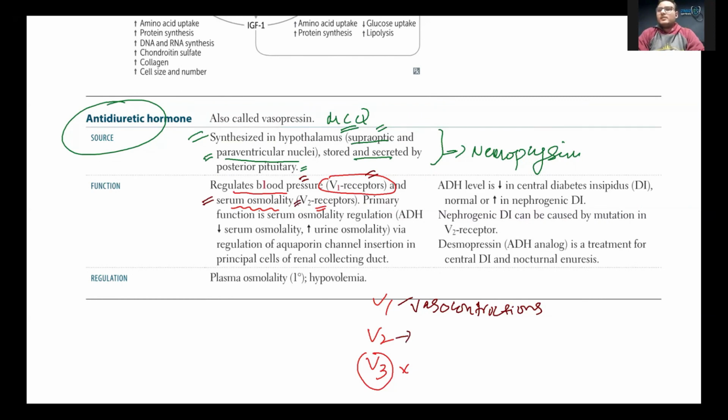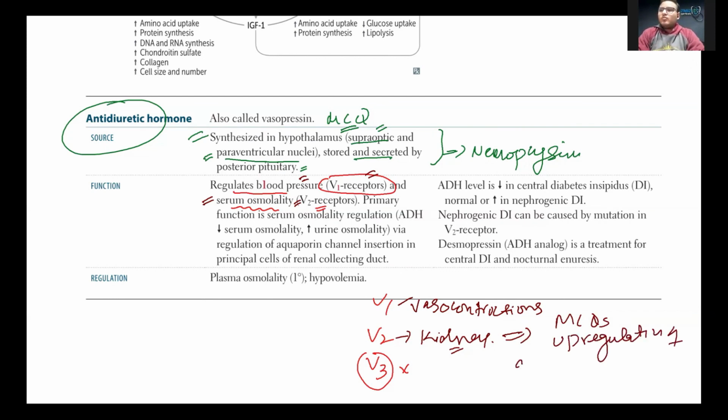V2 acts on the kidney, in the distal collecting ducts, leading to increased water reabsorption. Antidiuretic hormone attaches in the distal collecting ducts and causes upregulation of aquaporin 2 channels. Very high yield important MCQs here.